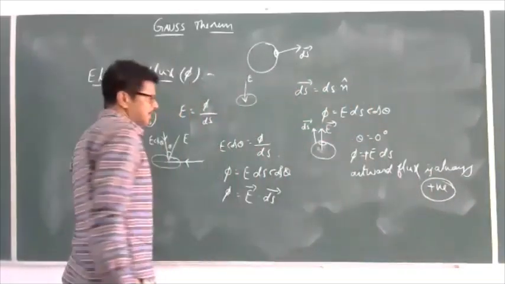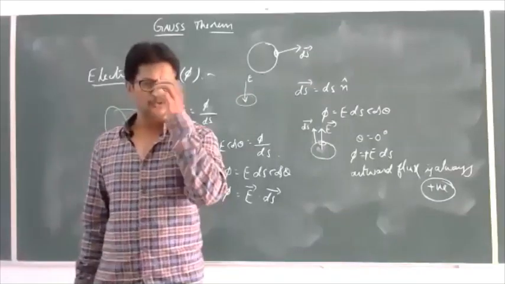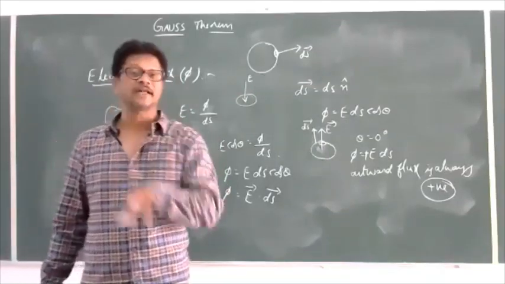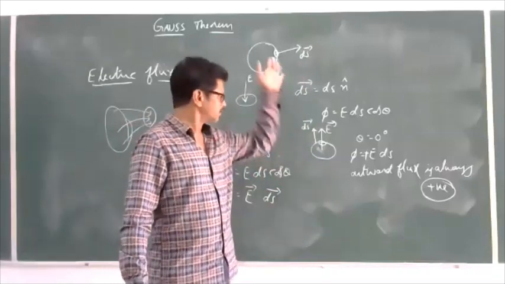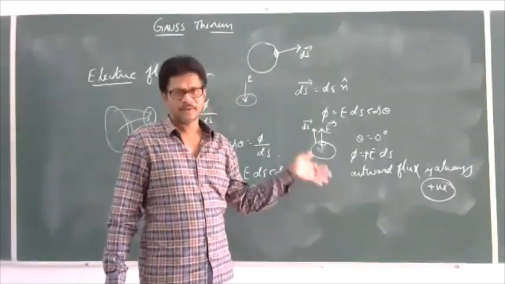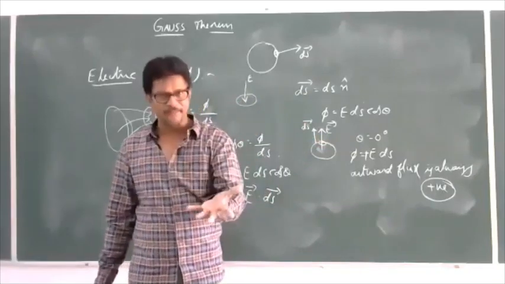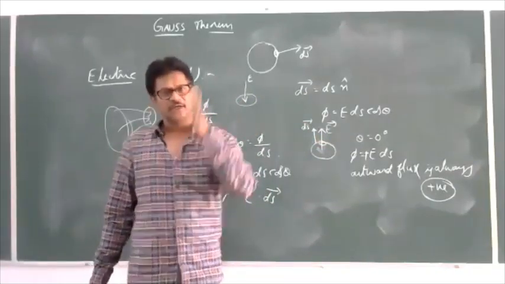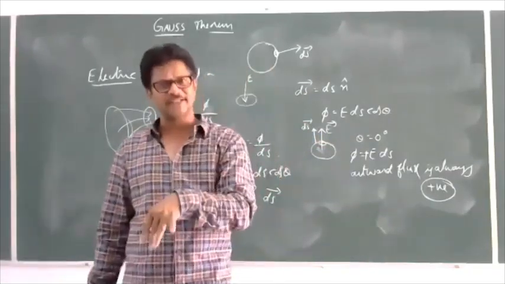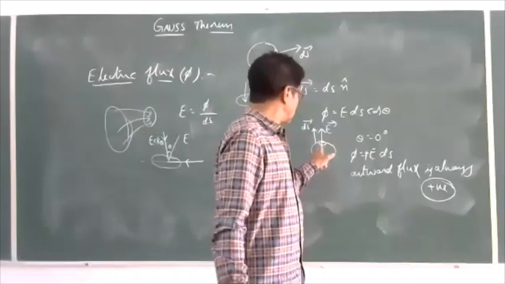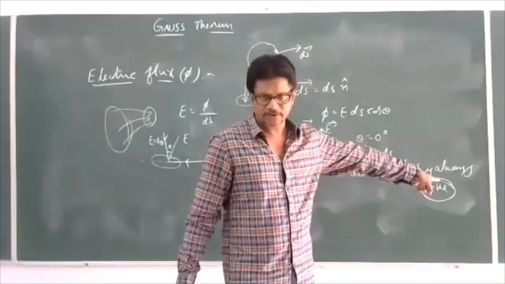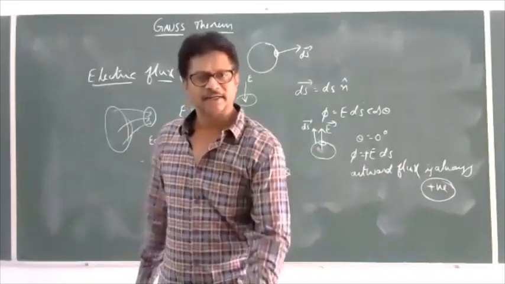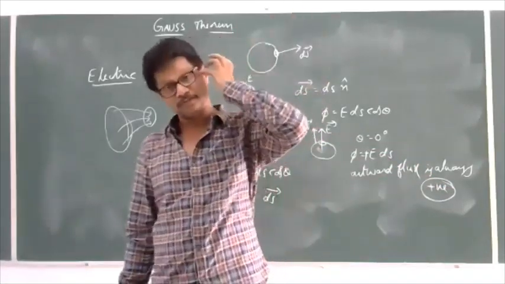The outward flux has to be considered as positive in order to follow the sign convention. Sometimes outward flux will be there, sometimes inward flux will be there. So we cannot take both as phi because of opposite directions. If one is positive, the other should be considered as negative. So we consider the flux as positive in case of outward flux, if the electric intensity is outwards.